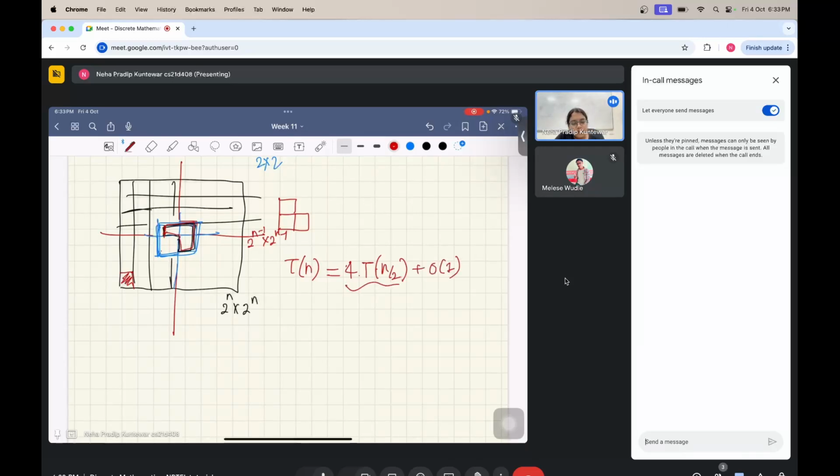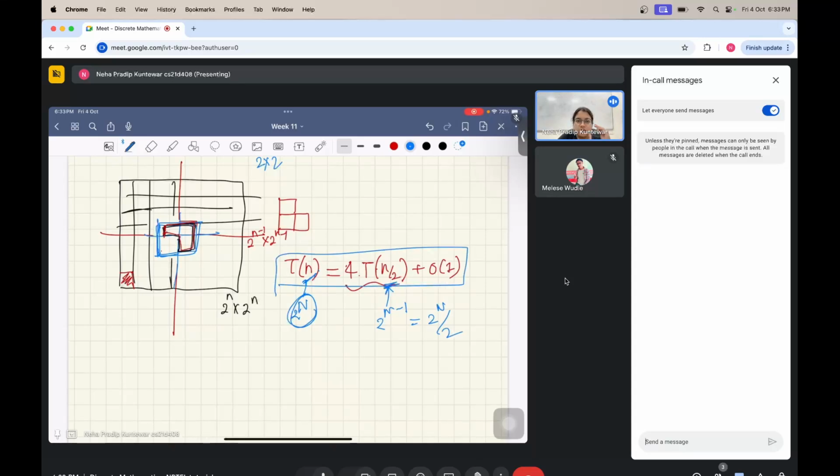So why is this n by 2? Because the original size that you have here is 2 to the n, and the size that you have here for the subproblem is 2 to the n minus 1, which is 2 to the n over 2. So I'm just replacing 2 to the n with a small n, and that's why this recurrence relation would come about.